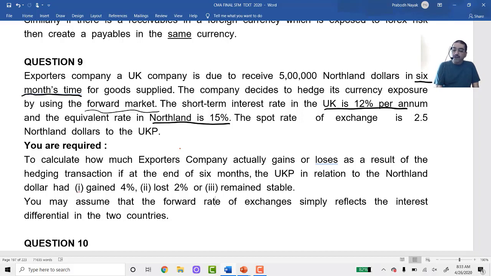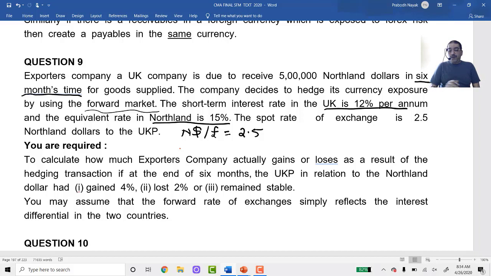What is the currency given as? 2.5 Northland dollars to the UKP. So how do I write this? UKP means pound. Northland dollars to pound is equal to 2.5.